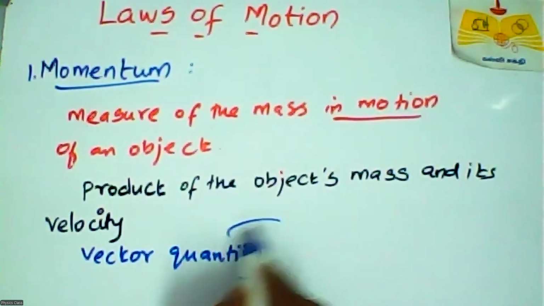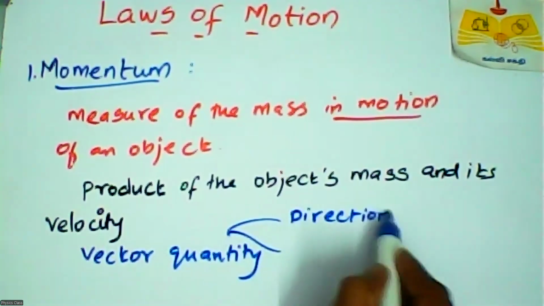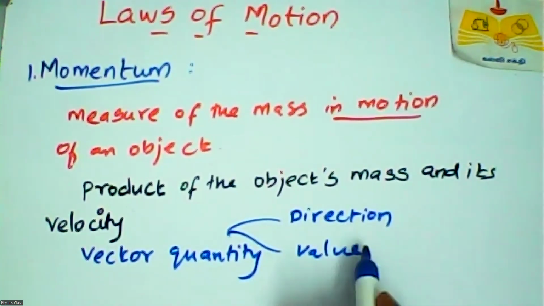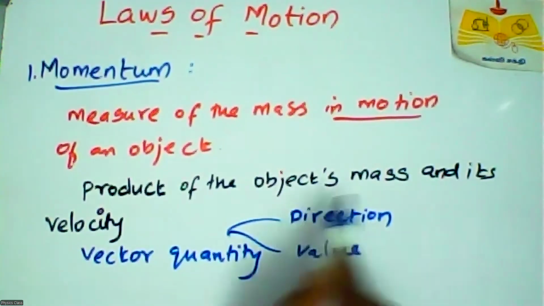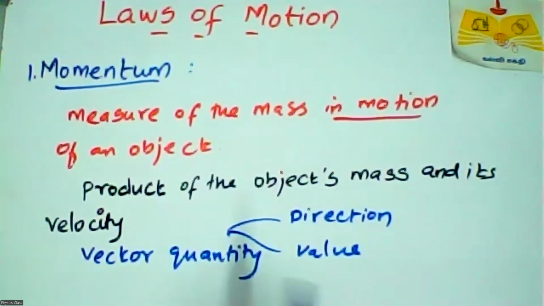Direction as well as value, that is magnitude. Suppose one physical quantity has both direction as well as value, that quantity is called a vector quantity. There is another term against the vector quantity, scalar quantity.